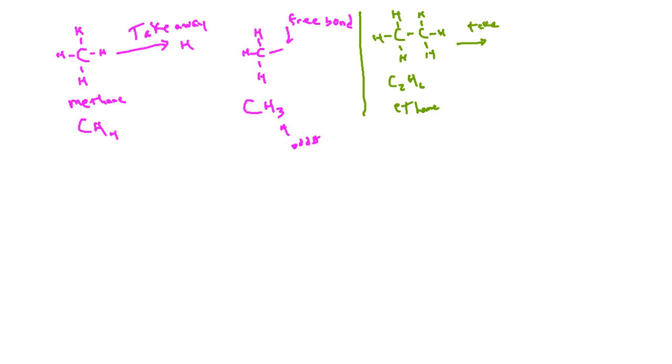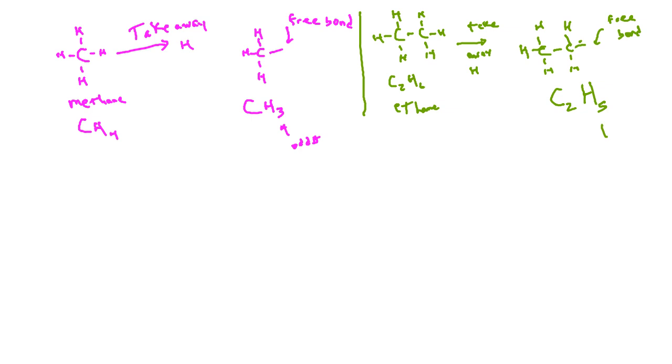And what we have is C, H, H, H, H. Now again, this has a free bond, so it wants to bond to something. So now we don't have C2H6, we've got C2H5. And we said again, that's an odd number.